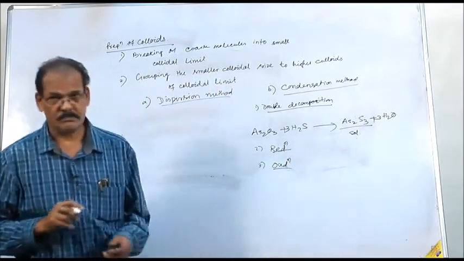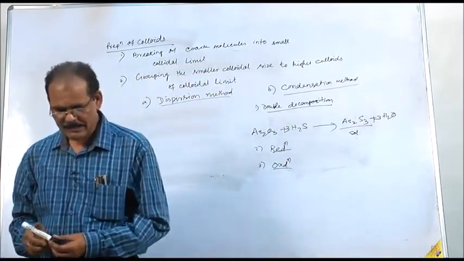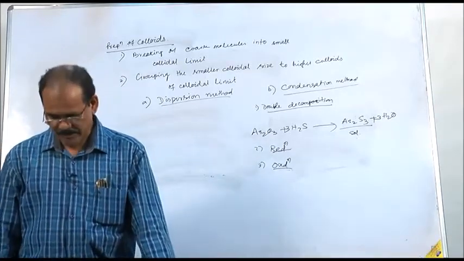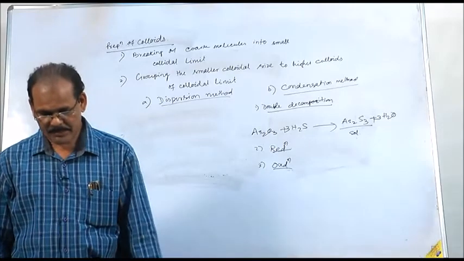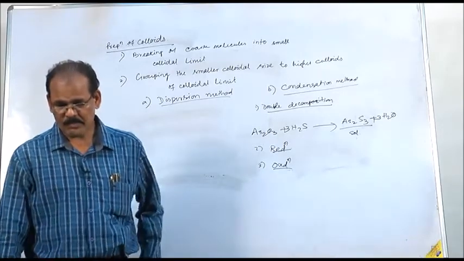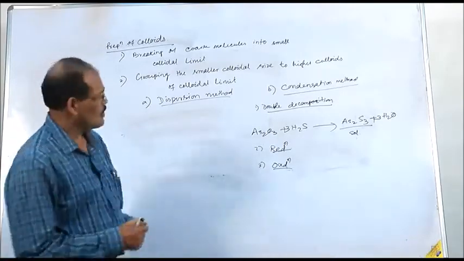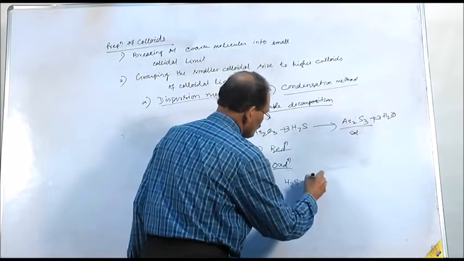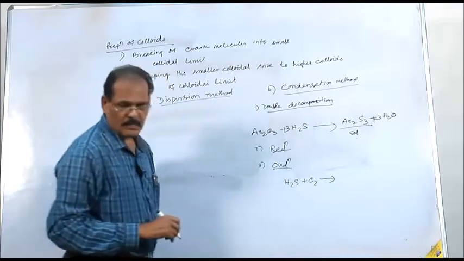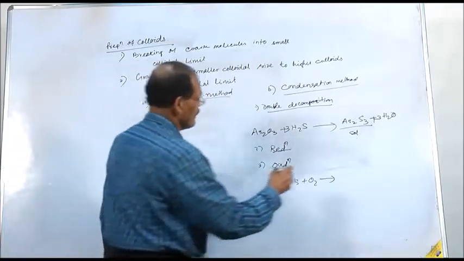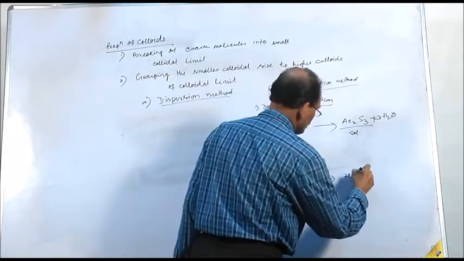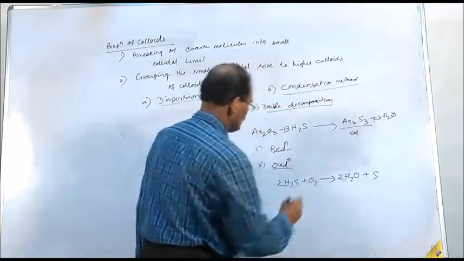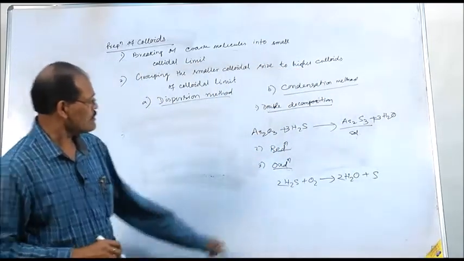Next is oxidation method. In that case, the colloidal solution of sulfur can be obtained by bubbling oxygen through a solution of hydrogen sulfide. So let us take H2S with oxygen. The sulfur is getting out as sol.